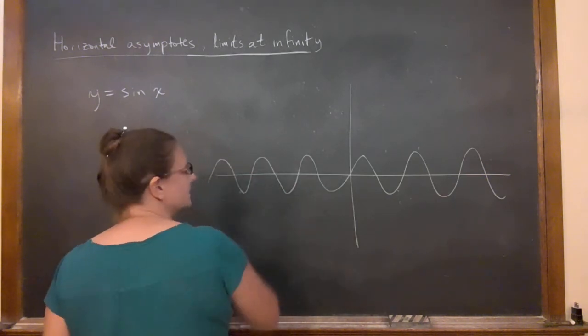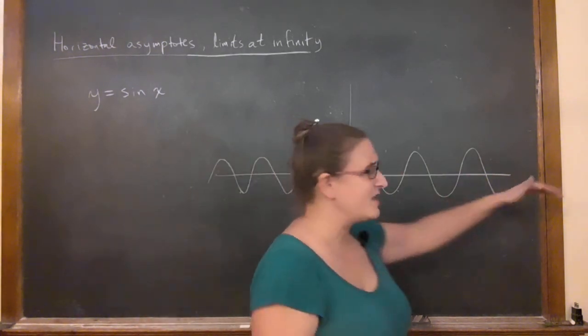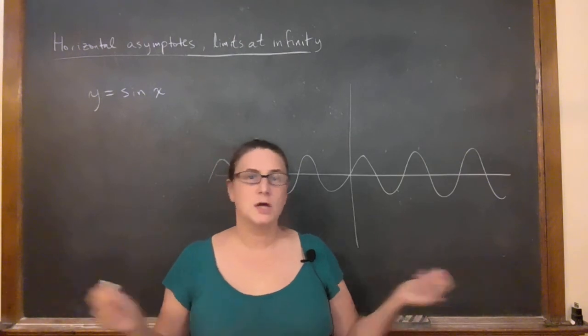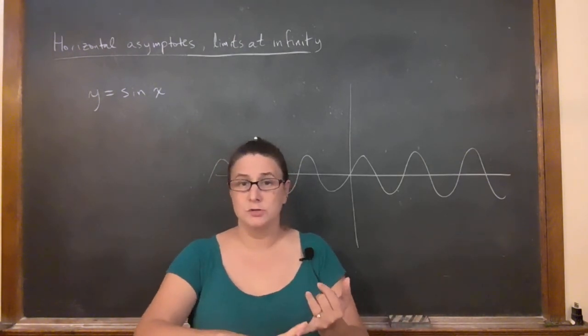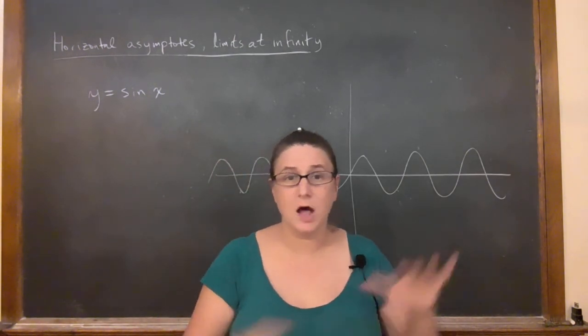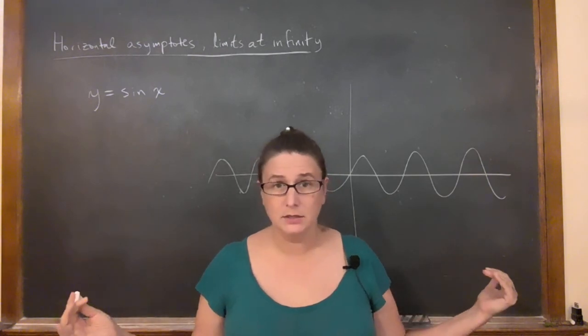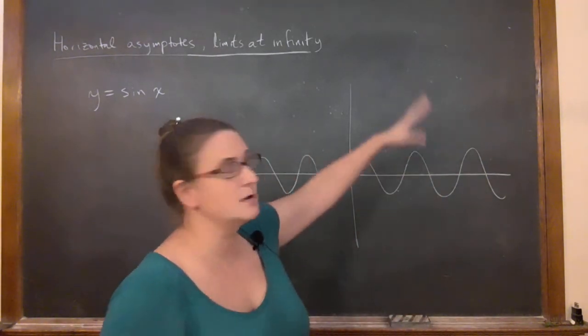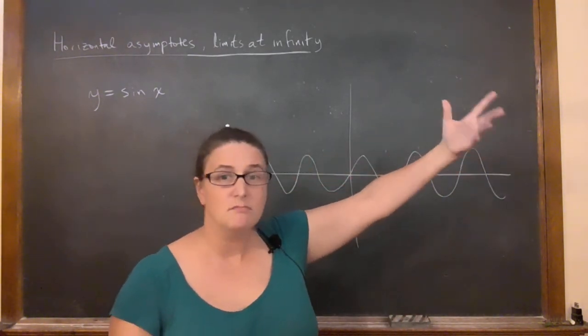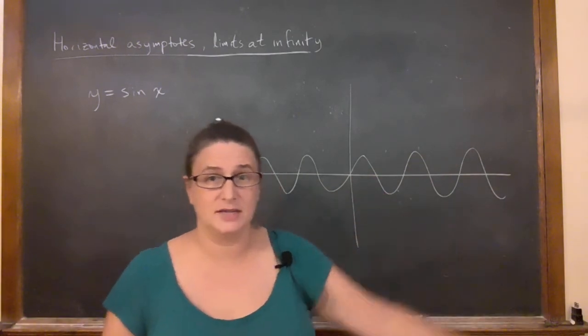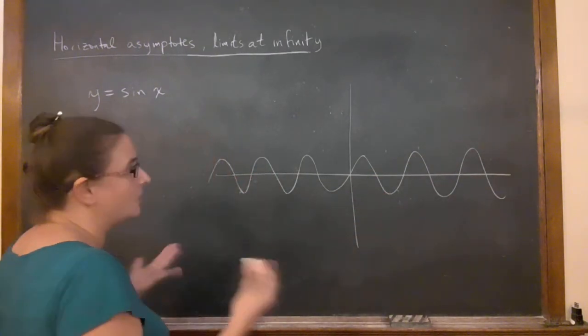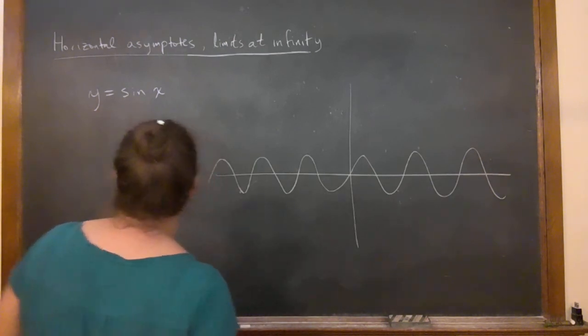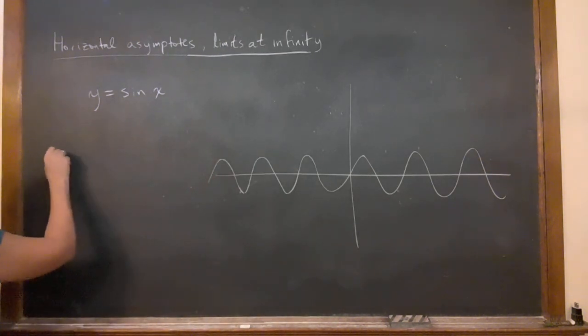Not only is it not going towards any line, it's bouncing between -1 and 1. There's nothing I can say about this. It's not going to infinity, and it's not going to a number. For this, I can just say that the limit does not exist.